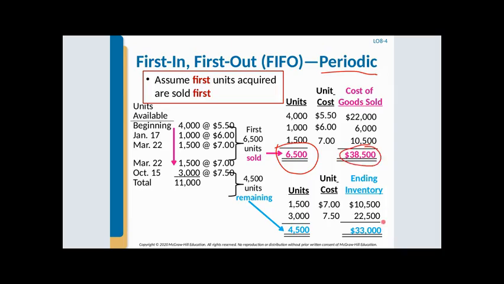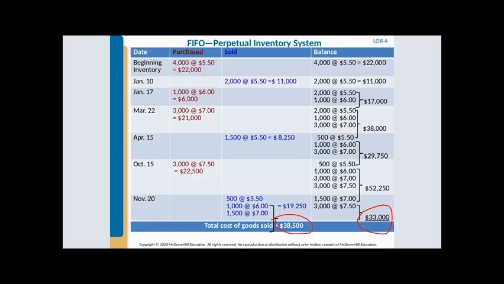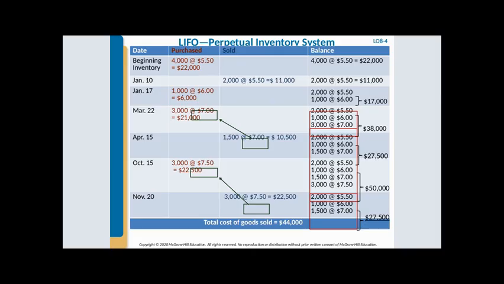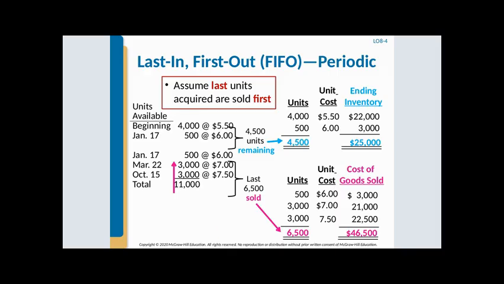You can see that these are actually the same. There's no change there. Now, when we're talking about LIFO, this is not going to be the same. For LIFO, the cost of goods sold and ending inventory under periodic and perpetual will be different.